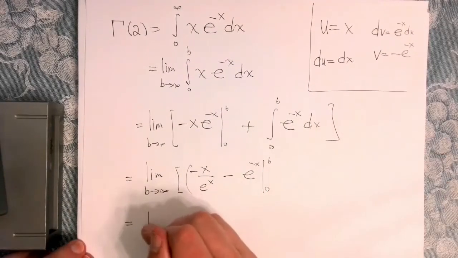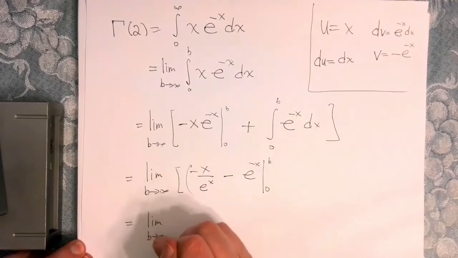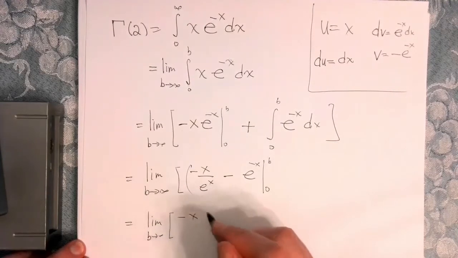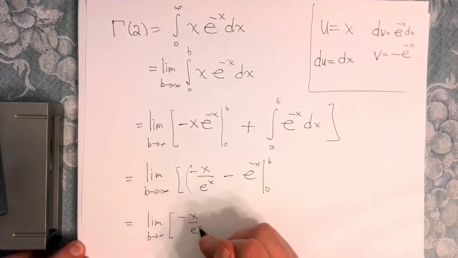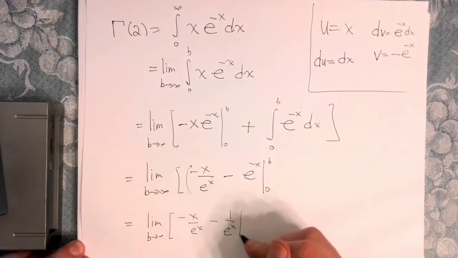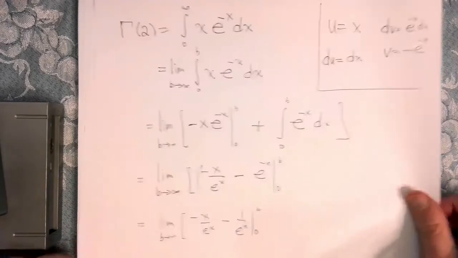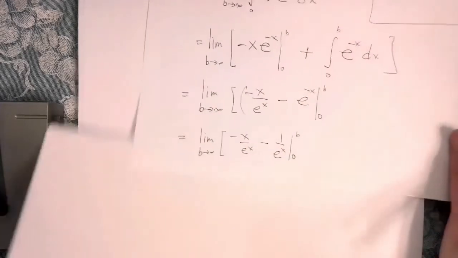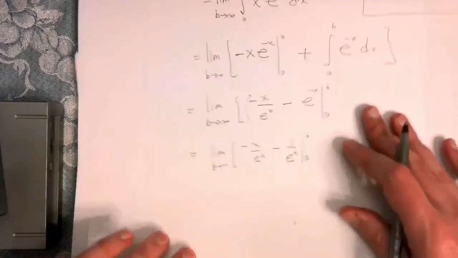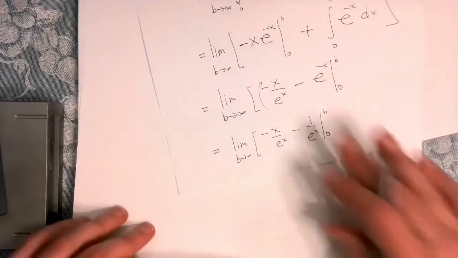Okay, so of course, I'm going to rewrite that. You could write this with common denominators. You don't have to. It's your choice. And let's see what we have here. So now I want to evaluate this at b minus evaluate this at 0.